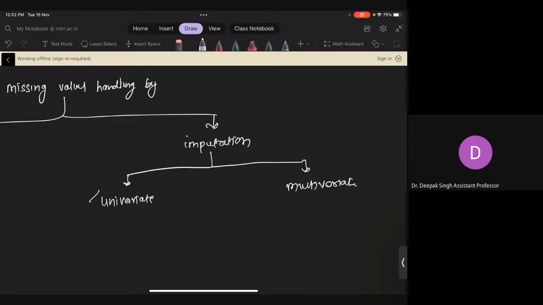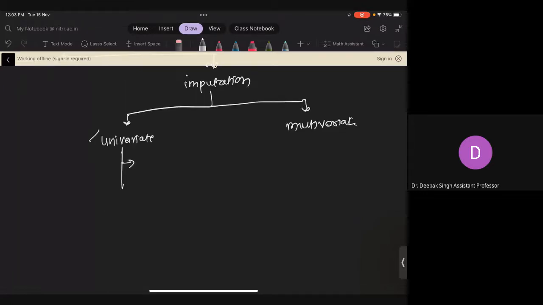If I only look at the age column and come up with a criterion for imputing a value in the missing value by only looking at the age column, that would be univariate analysis. The other approach is to impute a value by looking at age as well as the other columns. So imputation is divided like this: univariate, which relies only on a single column, and multivariate, which relies on all the columns.